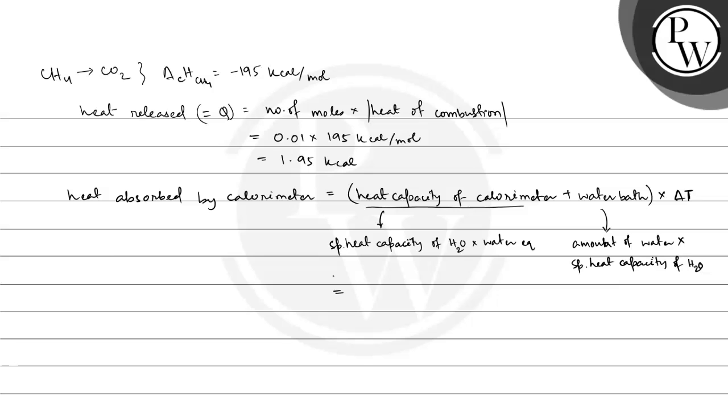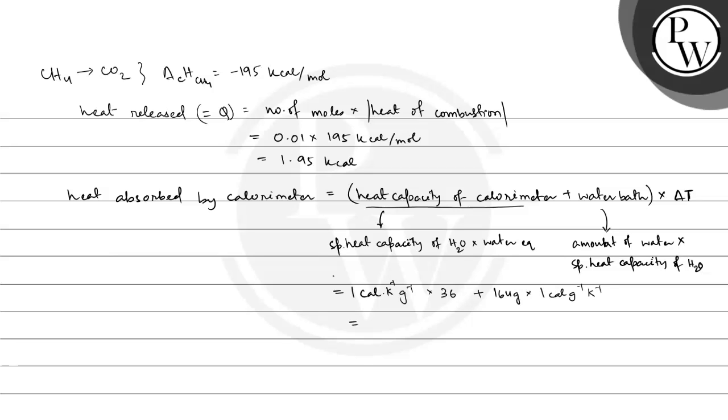So specific heat capacity is 1 calorie Kelvin inverse gram inverse multiplied by water equivalent, which is 36, plus the amount of water in the water bath, that is 164 grams multiplied by the specific heat capacity of water, 1 calorie gram inverse Kelvin inverse.